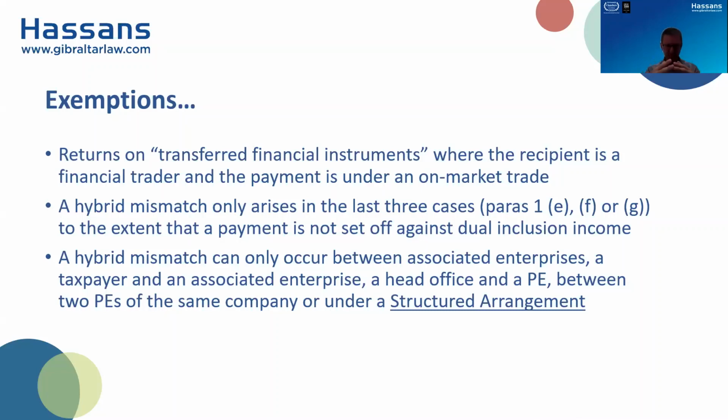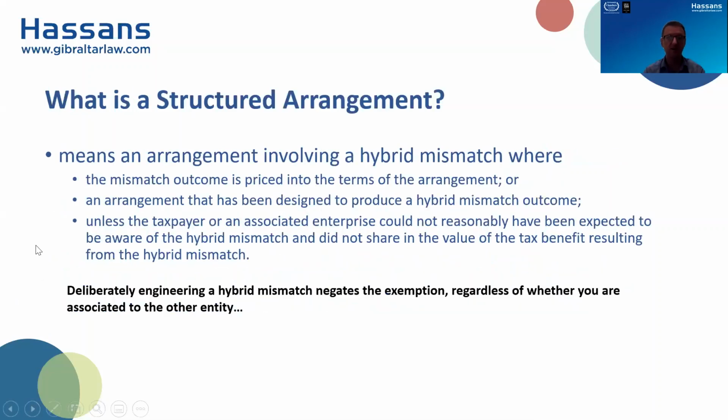So a fully commercial, uninfluenced by the tax treatment, arm's length transaction cannot give rise to a hybrid mismatch. It is only seeking to undermine deliberate tax planning, not accidental tax effects, which is nice to know for those of us that have to go and find them.